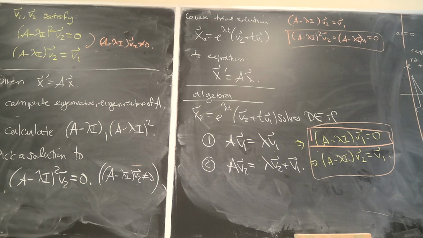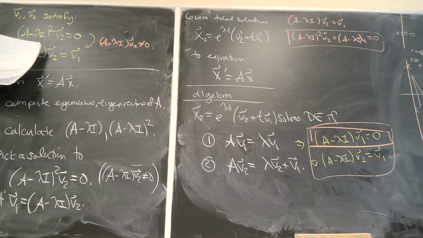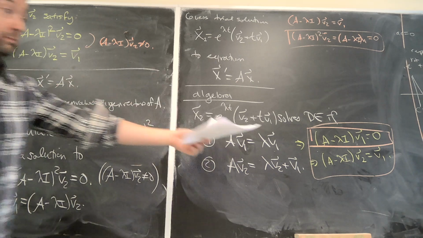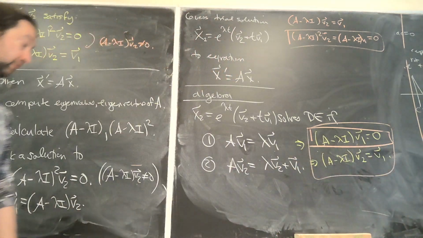Step 4, you're going to set v1 to be equal to (A minus lambda I) v2, because that's a necessary condition for our system of equations, that (A minus lambda I) v1 is equal to 0.